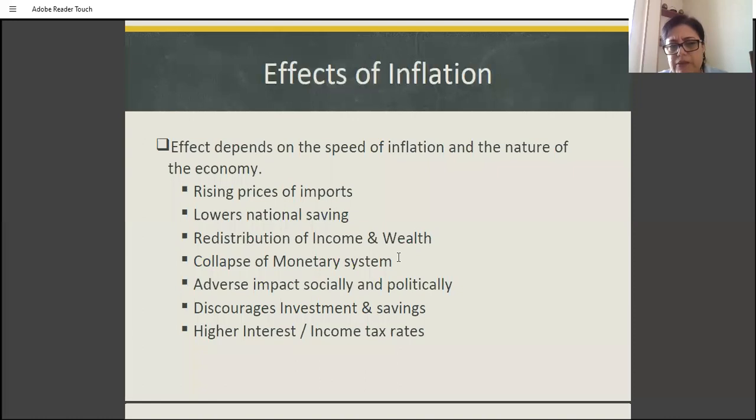Then the second is that inflation may lower national saving. Look, what about the first? How can inflation raise the prices of inputs? You know, when domestically the price level goes up, it means that imported goods and services now become more expensive for the customers than before.